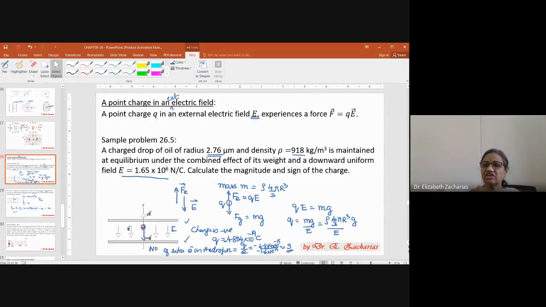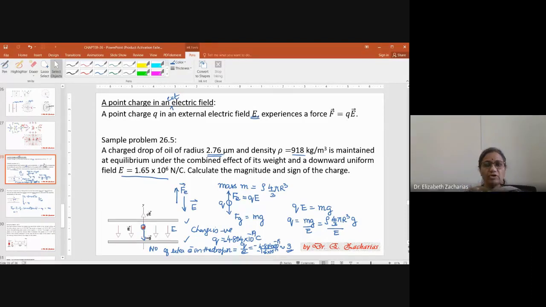He also found that charge is quantized. They found that, each time they were putting this radioactive exposure, the charge of the drop was always changing in multiples of 1.6 into 10 to the power of minus 19.